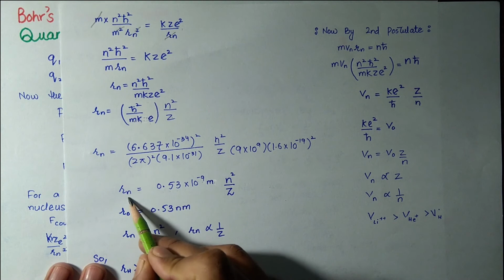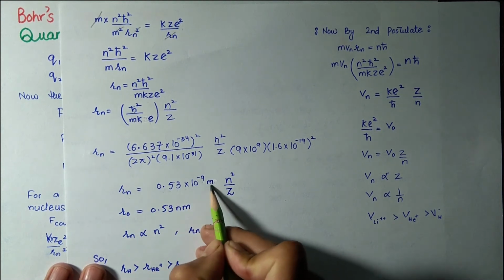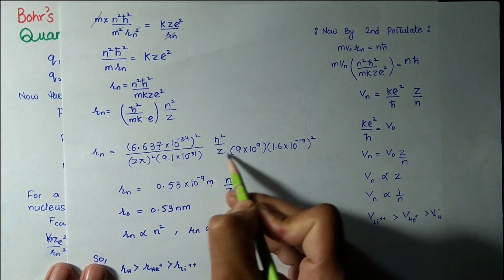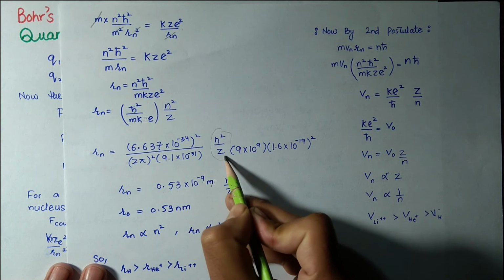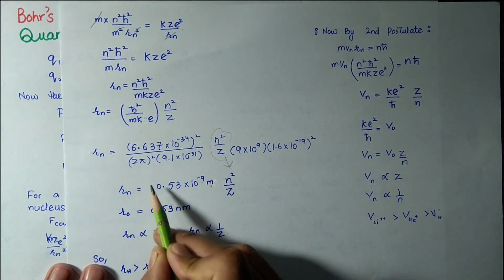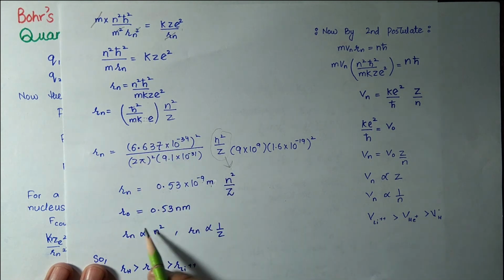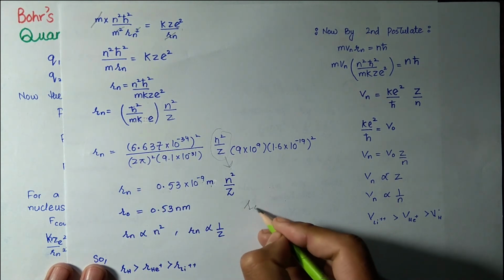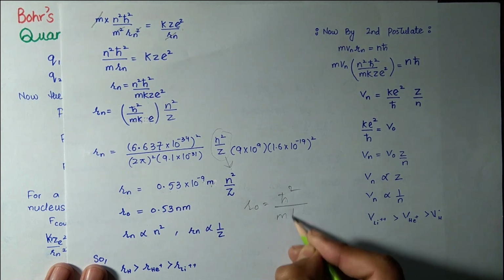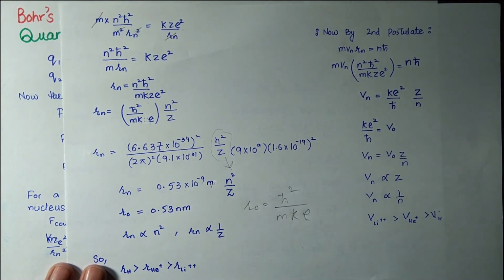And as this is a radius, it will have the units of length, and it will be equal to n square over Z. So this n square over Z comes out here as it is, and this value is known as R0, and R0 is equal to h cut square over m k e square.